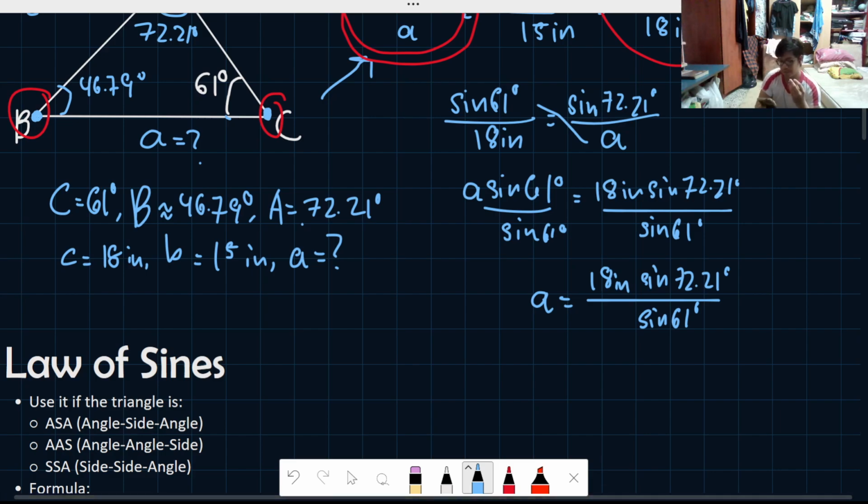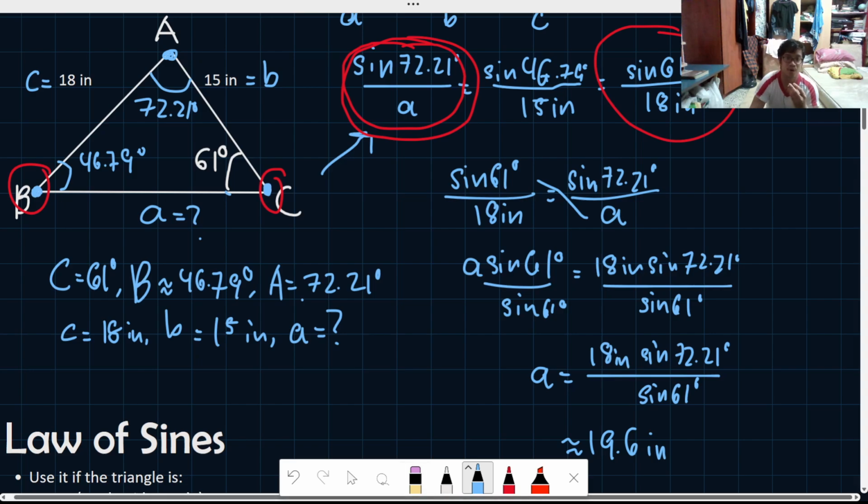So we have 18 times sine of 72.21. Wait, am I right? Yeah. Okay. All over sine of 61 degrees. So this is approximately, at two decimal places, 19.6 inches.